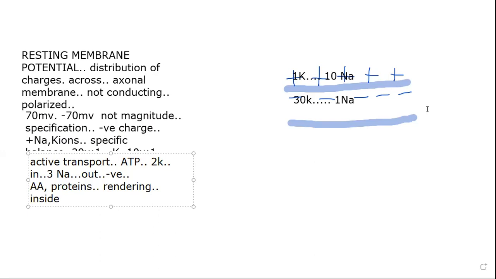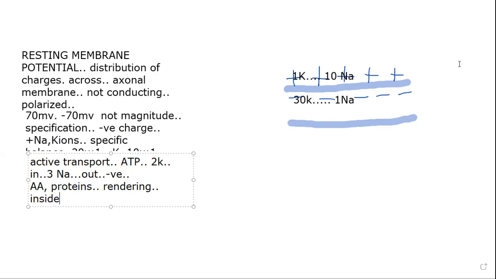We are discussing the resting membrane potential, when the neuron is in a not conducting state, when the neuron is not conducting any message, when the neuron is resting. There are more negative ions inside as compared to outside. There are more positive ions moving out.